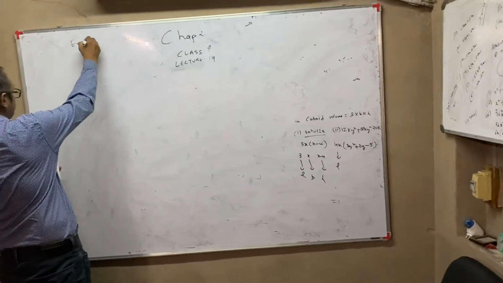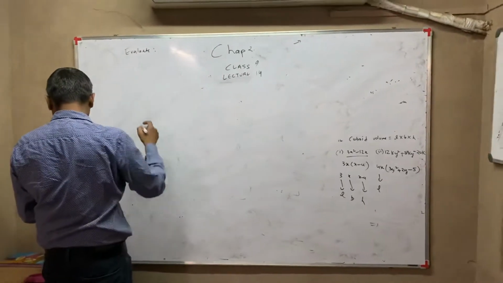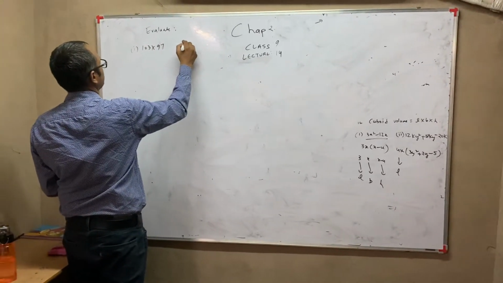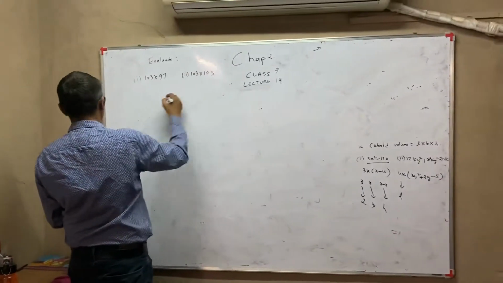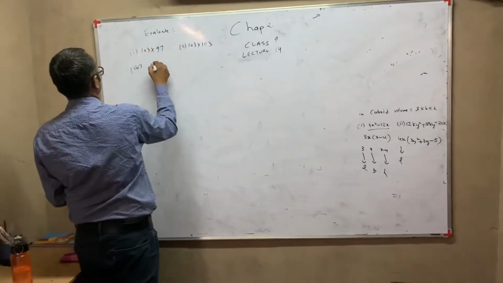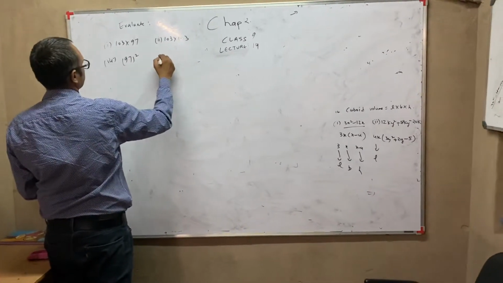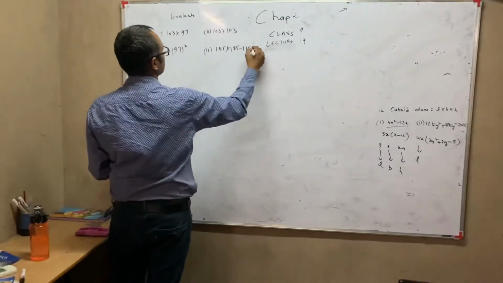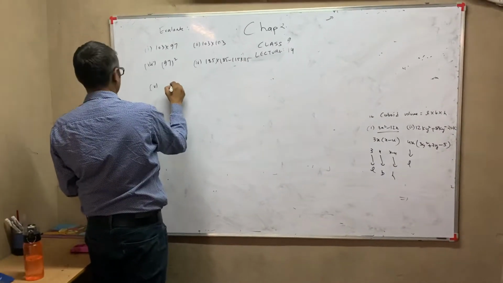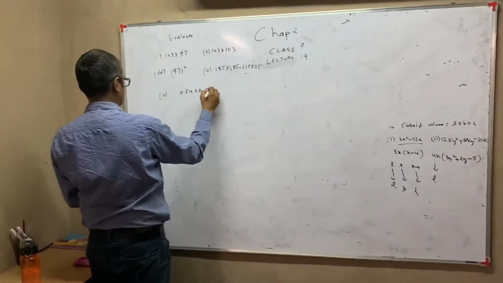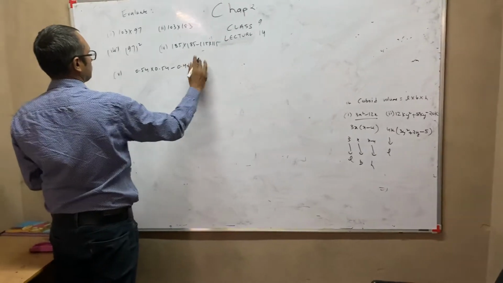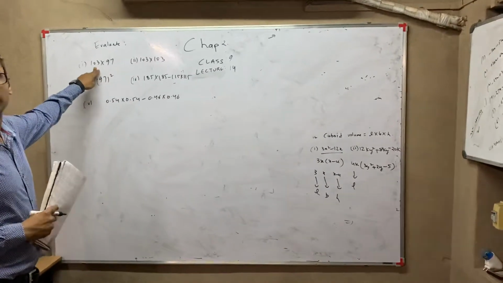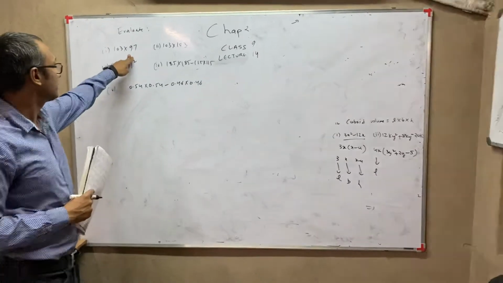Evaluate, it is written. This is like question 1, 2 of the textbook more or less. 103 into 97, how will you write this? 100 plus 3 into 100 minus 3, and then a square minus b square.